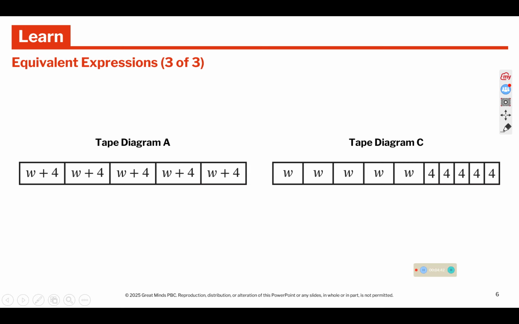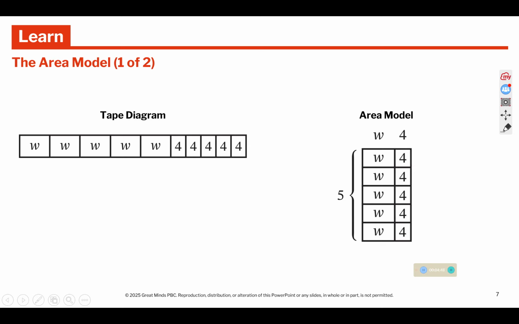Now these two tape diagrams are equivalent, they're just different ways to represent it. You could also think of it as each day, 1, 2, 3, 4, 5 days. This is the area model in comparison to the tape diagram.